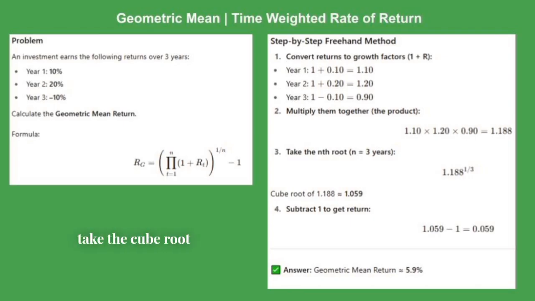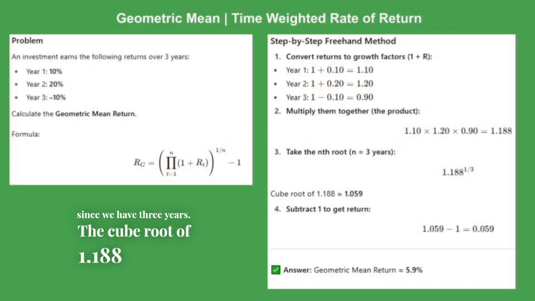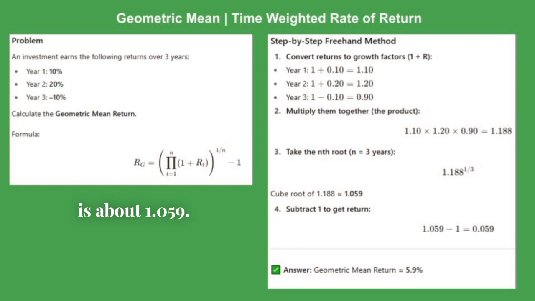Step 3, take the cube root. Since we have 3 years, the cube root of 1.188 is about 1.059.